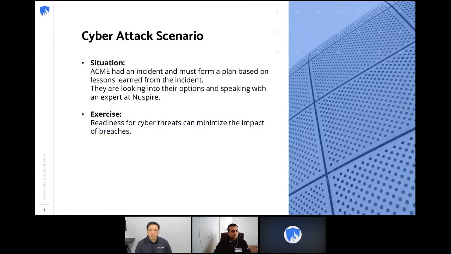All right, so let's set up the attack scenario. JV is the CISO of Big Acme. Big Acme is roughly 800 employees strong, with a small IT team of 3 to 4 folks and an IT security person. They just had an incident. One of the lessons learned from the incident is to create an incident response plan, so they're looking for options and speaking with an expert at Nuspire.